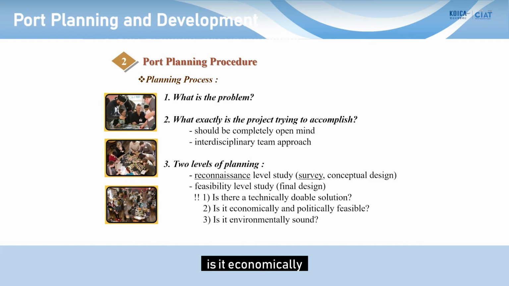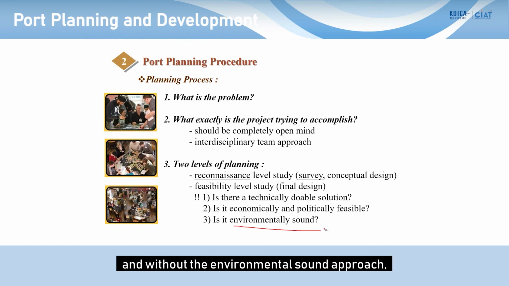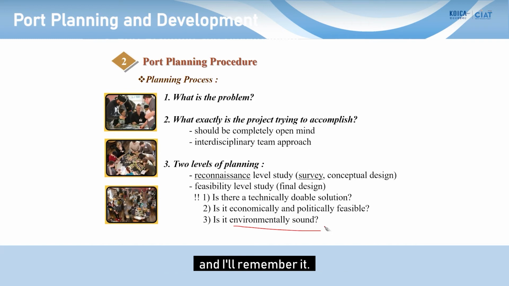Is it economically and politically feasible? Is it environmentally sound? The last one is the issue of the UN, and without an environmentally sound approach, it is not easy to start our port project here. So you have to keep it in mind and remember it.